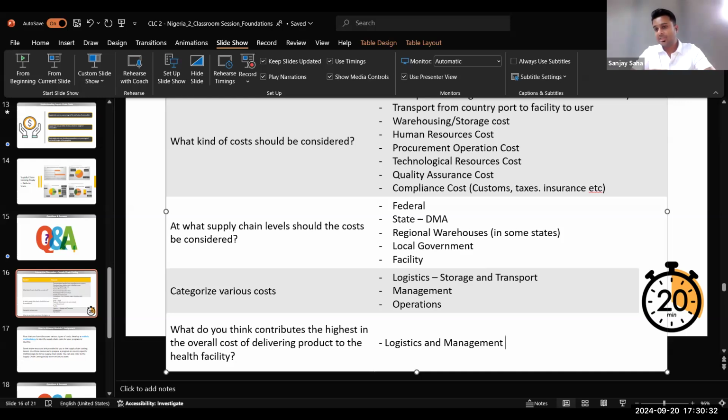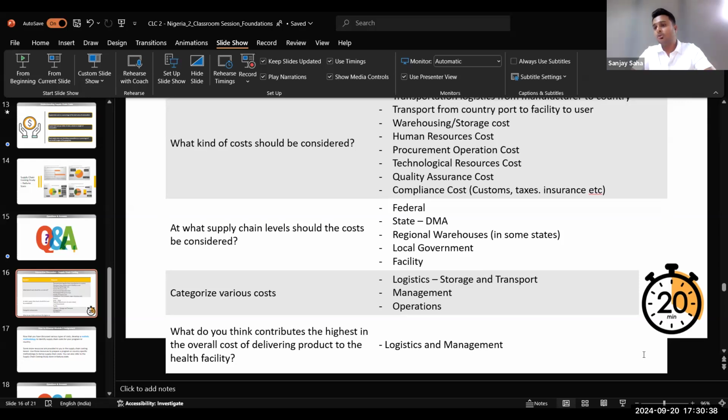If Nigeria has local production and you procure from local manufacturers, your logistics cost will go down drastically. Because then you also don't need to store for a very long time. You can store for less. The manufacturer can send to the right location whenever you want it.